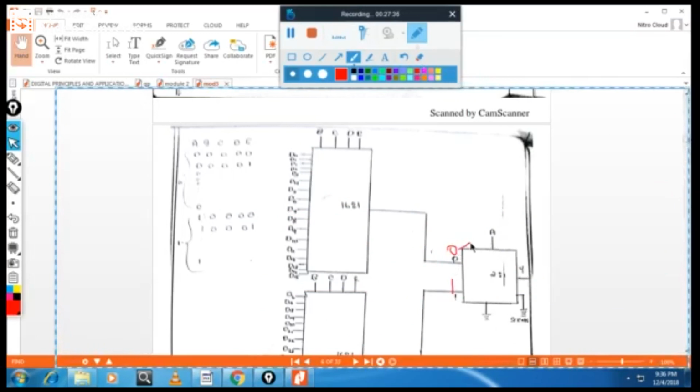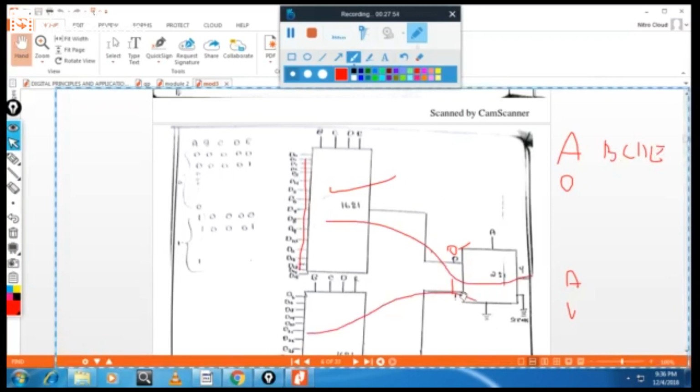When A is 0, this IC will work, and when A is 1, the other one. For the rest of the combinations B, C, D, E, 16 combinations are possible. These 16 inputs are moved from input to the output. Similarly here. So in this way this works.